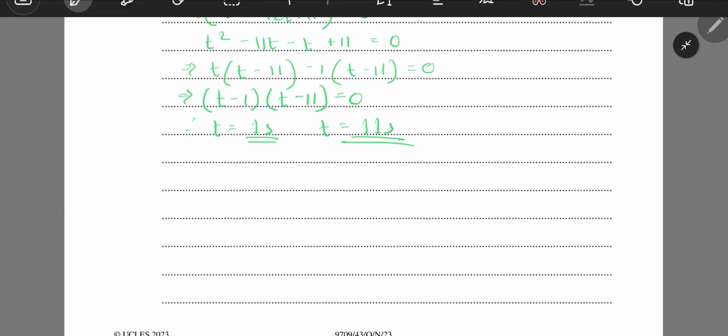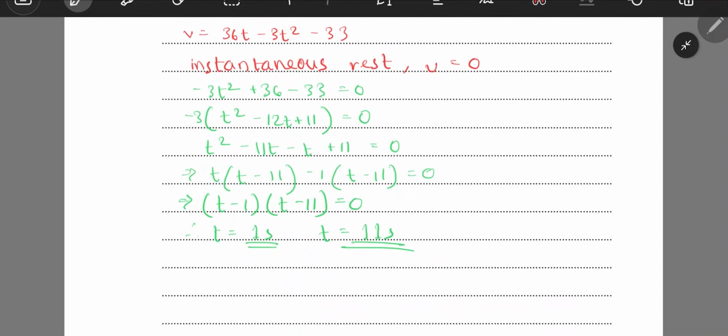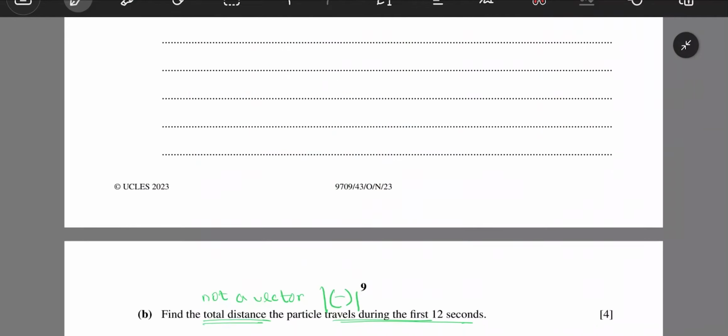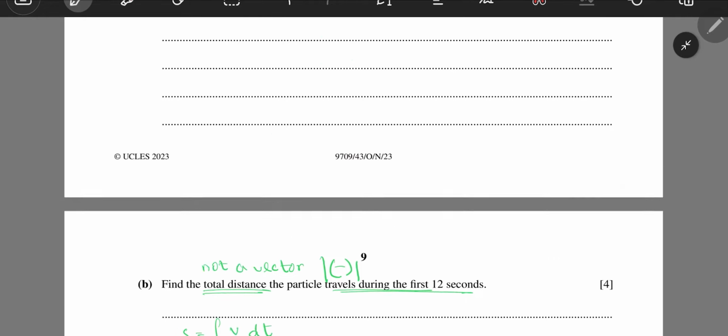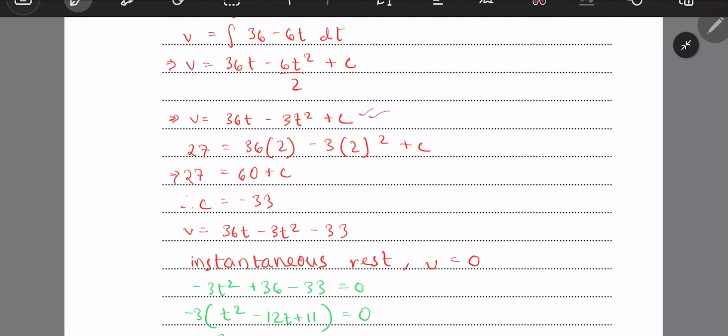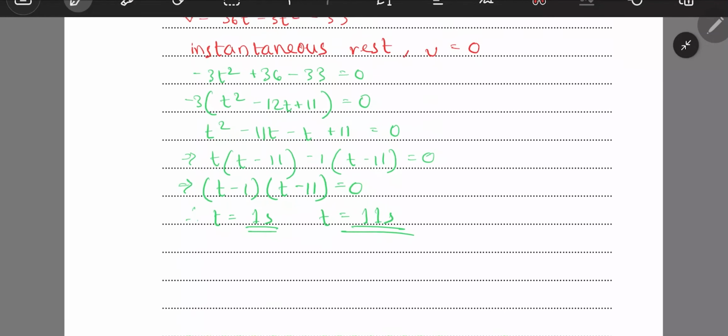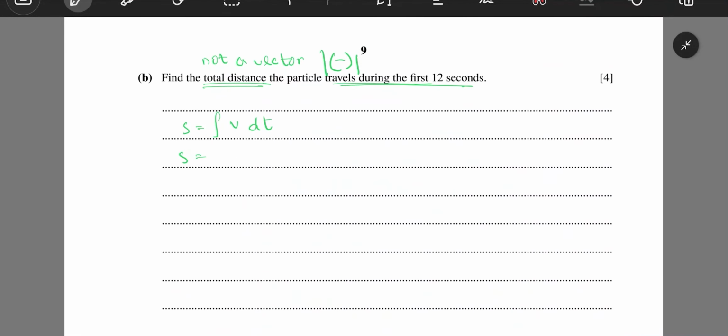So let's just integrate the equation of v, obviously, since integration of v is equal to the distance or the displacement. So integration, and the equation of v we found was minus 3t squared plus 36t minus 33, so minus 3t squared plus 36t minus 33 dt.